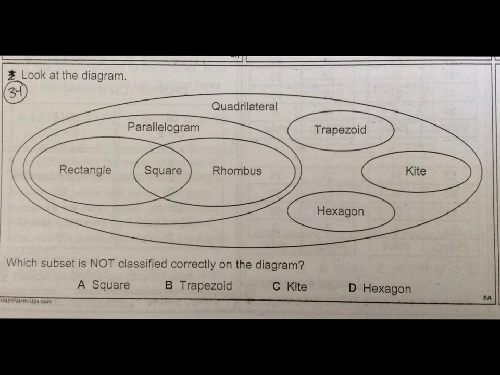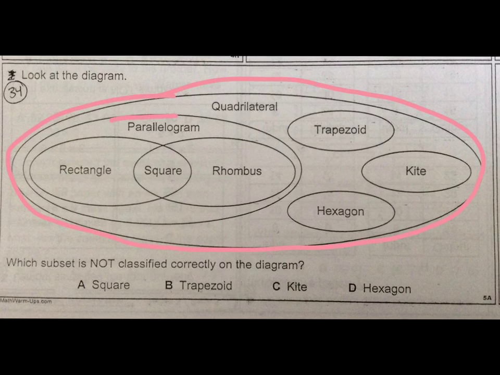Quadrilateral, parallelogram, rectangle, square, rhombus, trapezoid, kite, hexagon. Which subset is not classified correctly in the diagram? Well, this is my overarching, what I call an umbrella. Everything in here is a quadrilateral, meaning it's a 4-sided closed figure with straight edges.